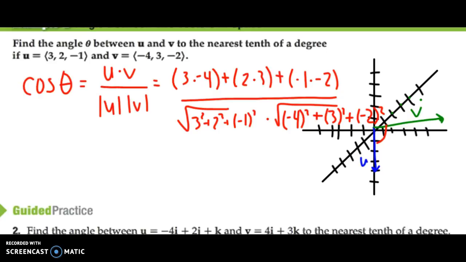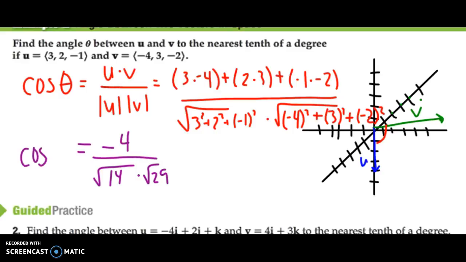Alright, so 3 times negative 4 is negative 12, plus 6 would be negative 6, plus 2 would be negative 4 on top, and then this would be the square root of 14 times the square root of 29.